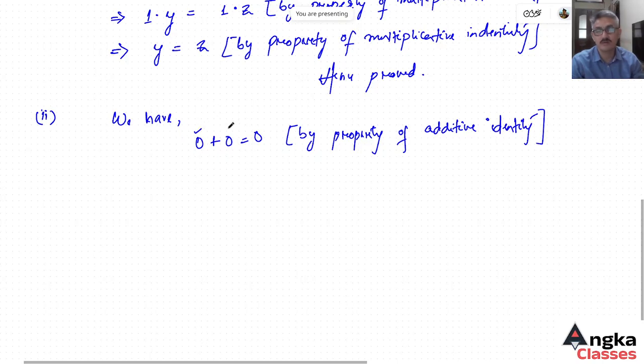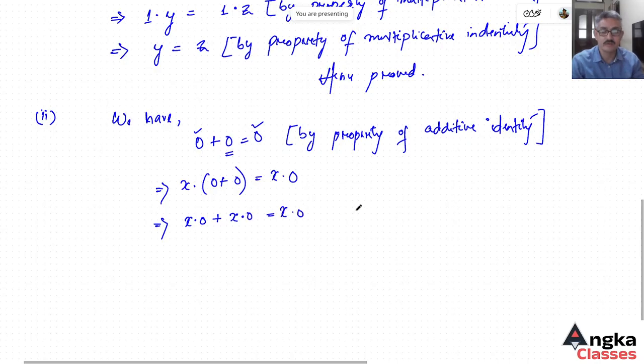Now multiply x on both sides: x into 0 plus 0 on the left hand side and x into 0 on the right hand side. The left hand side becomes x into 0 plus x into 0, which is equal to x into 0, by distributive law.